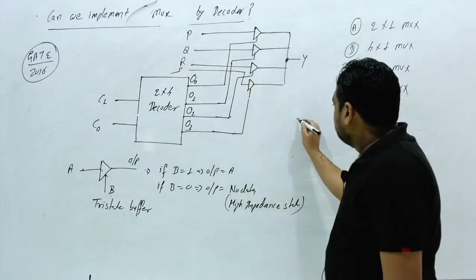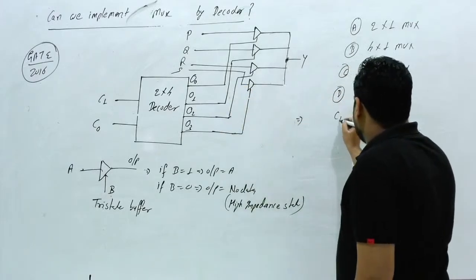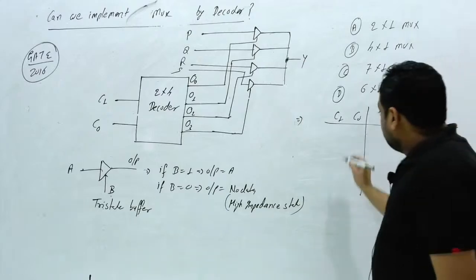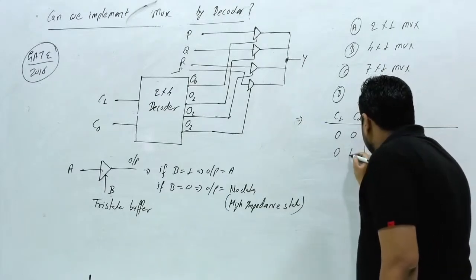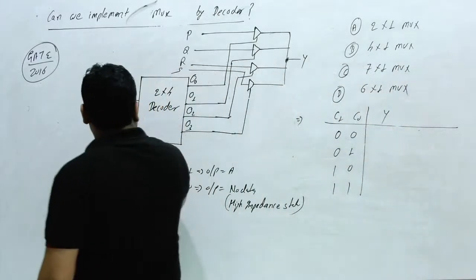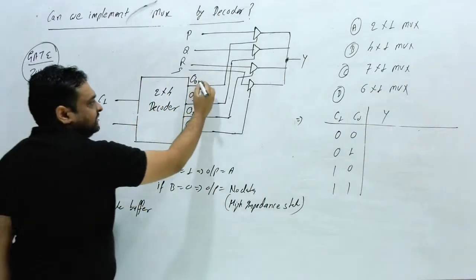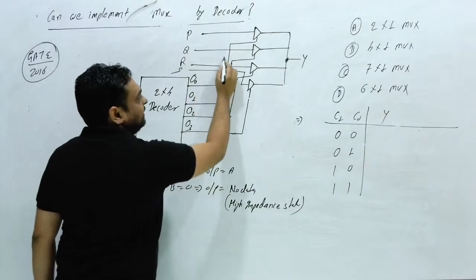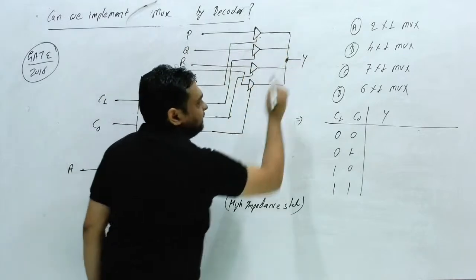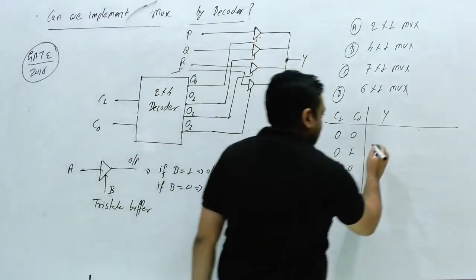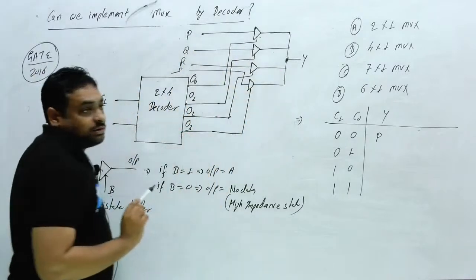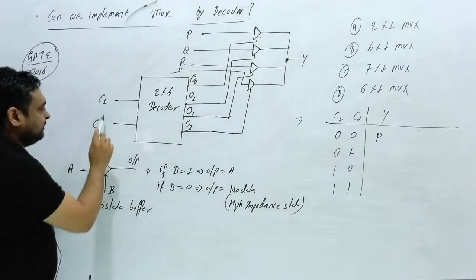So can you solve this? Can I write C1 and C0 directly, and Y? C1, C0 can be 0 0, 0 1, 1 0 and 1 1. If this is 0 0, this line will be activated, which means this tri-state buffer will be activated, and output Y will be P. And that is decided by C1 and C0.